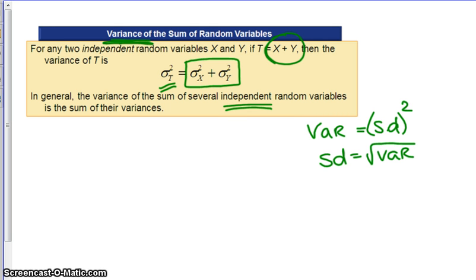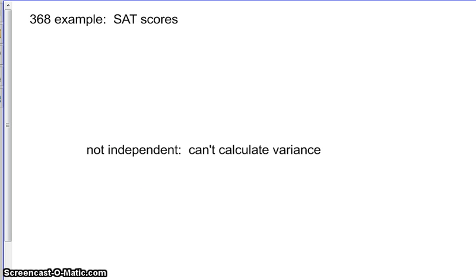Again, key word here. If I don't have independent random variables, I cannot combine them. And so if I'm asked for my standard deviation, what I would have to do then is take the square root of that and come up with my standard deviation. That's one thing that's going to be a little tricky because we're used to just multiplying and doing whatnot when we have standard deviation. Now we have to work with variance.